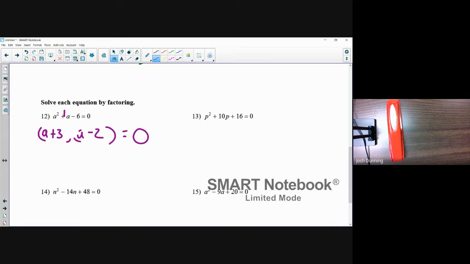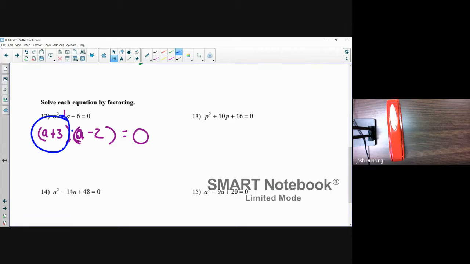Now look. I hate this board. What I was trying to draw there was a dot for multiplying. We have those two factors multiplying to give me 0. The only way you can multiply two things and get 0 is if one of them was 0. So think about it.